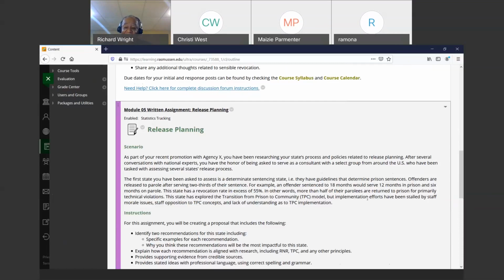And then the last 6 months, they're on parole. So the state has a high revocation rate, which is over 50%. As it says, in excess of 55%. So, as it says here, over half of the individuals are returned to prison for technical violations.